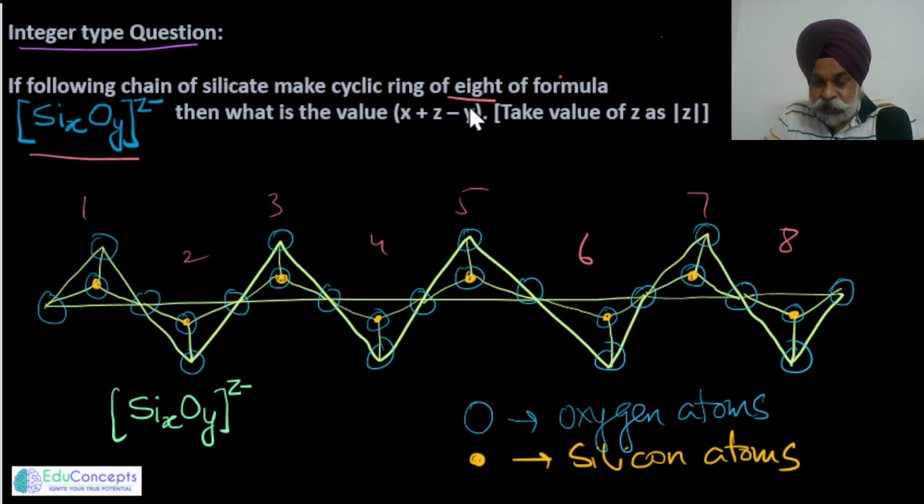So they are saying make this silicate in a cyclic manner such that it would have 8 units, an octamer. On an octagon, you have to make 8 such tetrahedrons, just like we have made for the trimer in the more than one choice question.